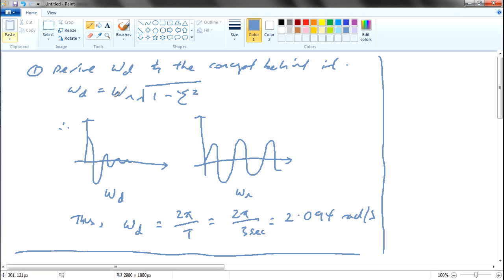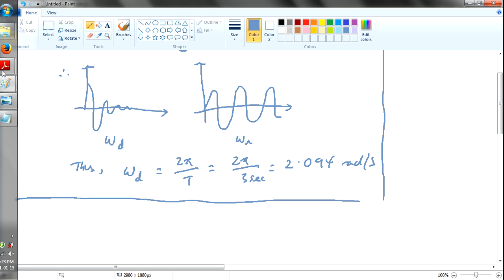The damping frequency incorporates the natural frequency, so the natural frequency affects the damping frequency. This trend is in terms of the damping frequency. If there's no damping, it keeps oscillating with no end, and then it is the natural frequency.